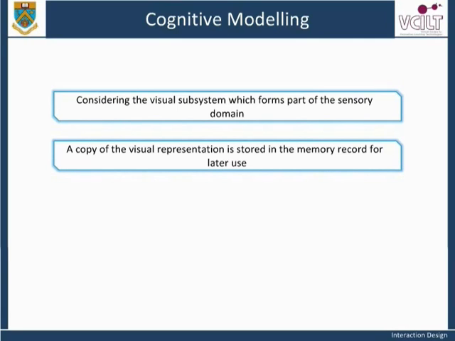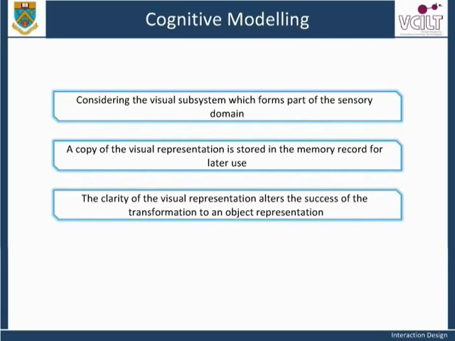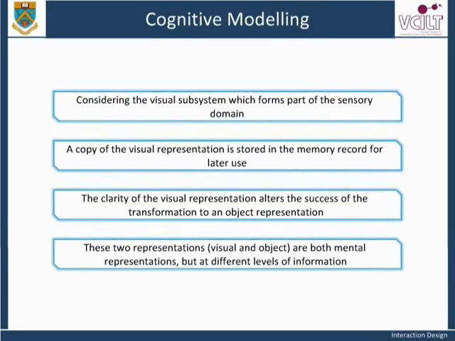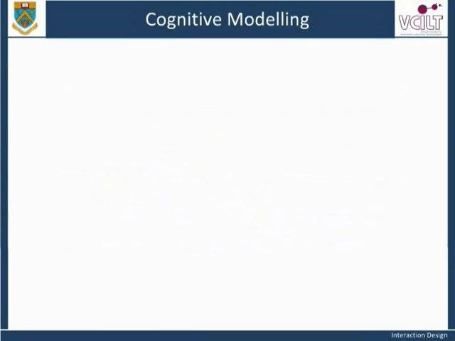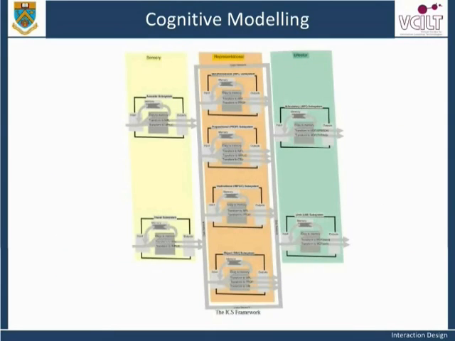Note also that the clarity of the visual representation affects the success of the transformation to an object representation. It is important to remember that these two representations, visual and object, are both mental representations, but at different levels of information. Here is a diagram of the complete ICS framework.